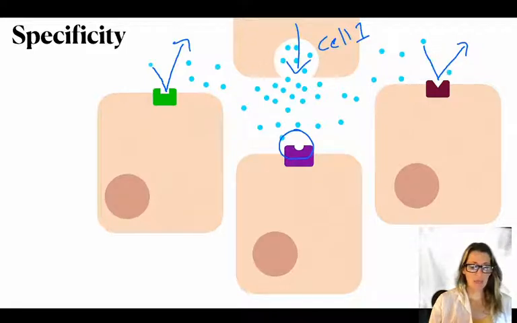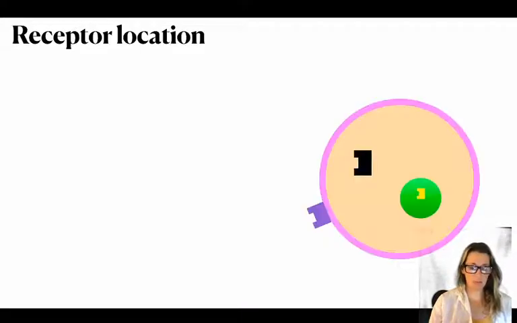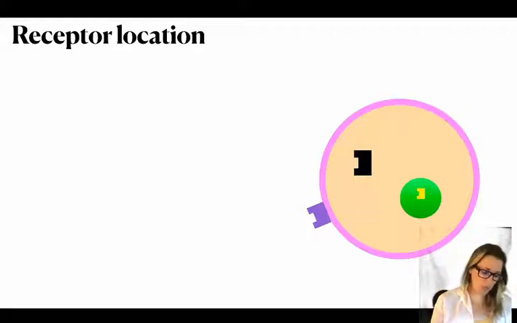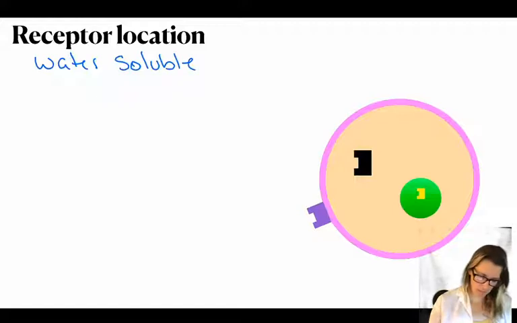Then we have receptor location that I was hinting at earlier. Based on the type of chemical messenger, that's going to determine where the receptor is located. And so our types are two broad chemical categories: water soluble and lipid soluble.